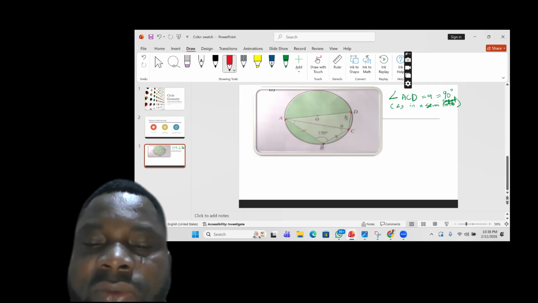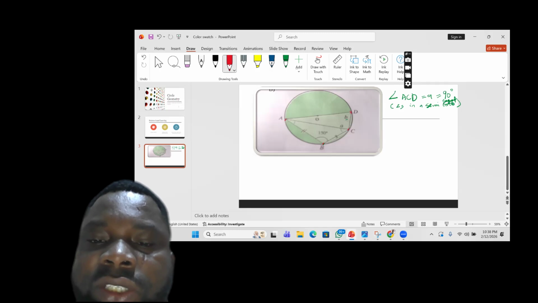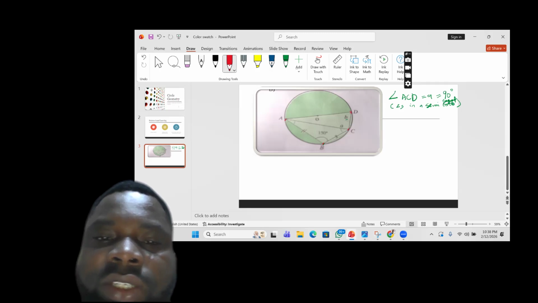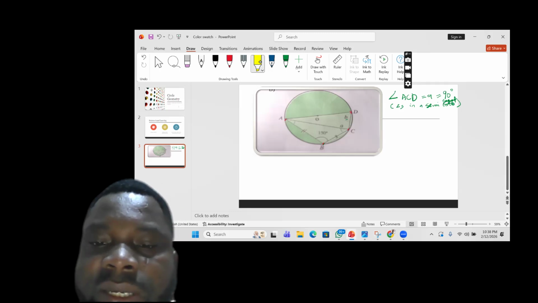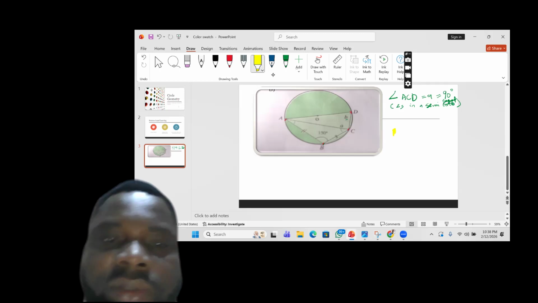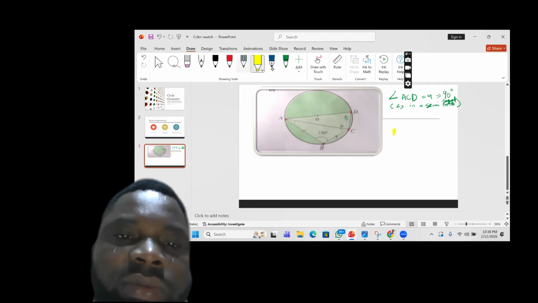And we all know that the sum of opposite angles of a quadrilateral is equal to 180. So what that means is, let me use blue.